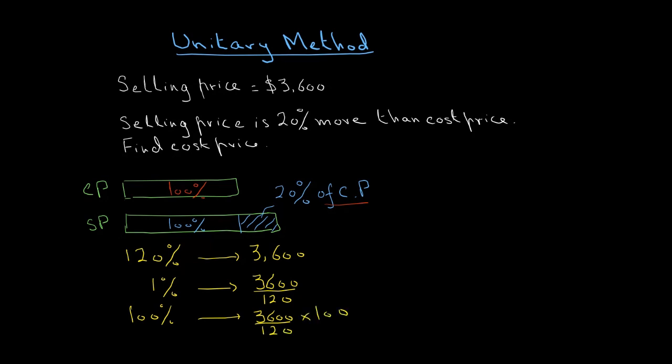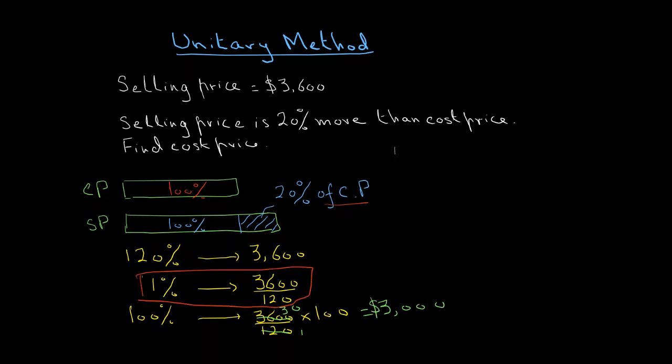Now this is very easy to compute because 120 goes 30 times. So the answer is going to be $3,000. The reason why we think of this as the unitary method is because here's the sale price and this is 120% of the cost price, right?